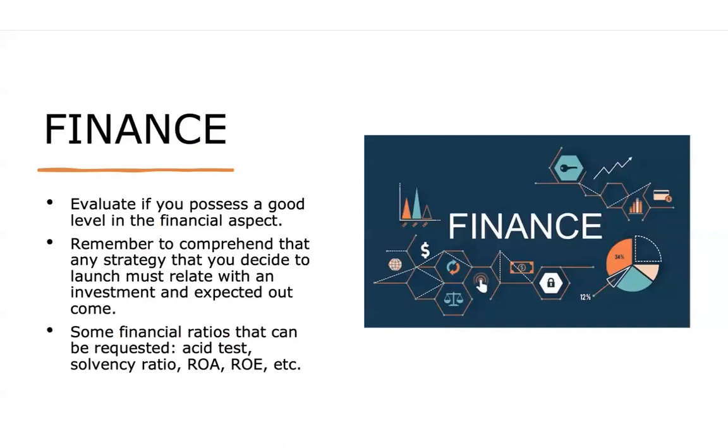The second thing is that every decision that you make must be profitable in the financial aspect, okay? So here we have to comprehend that the investment that we make is related to an expected outcome. So how am I going to make this analysis?